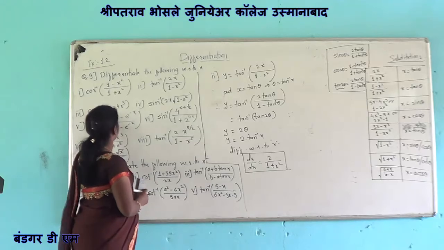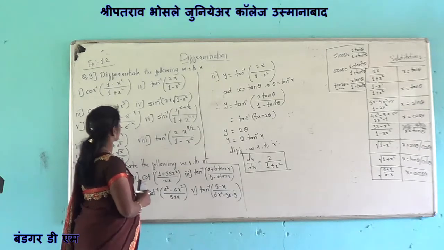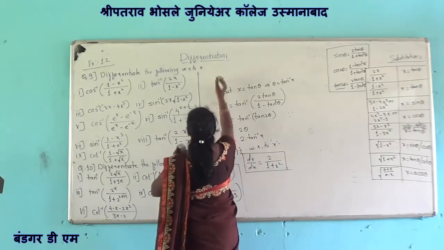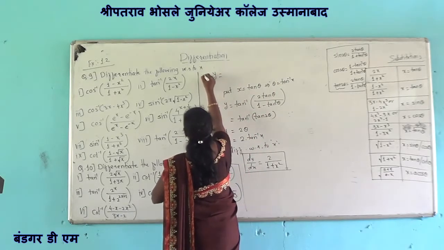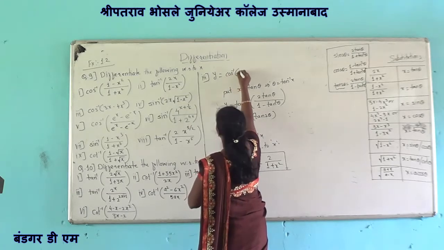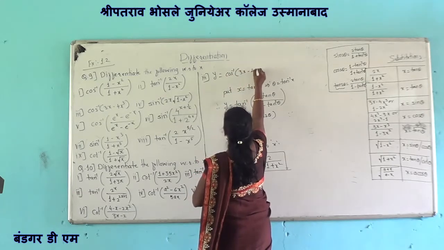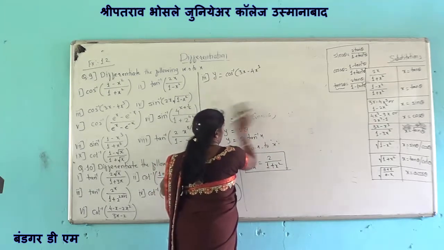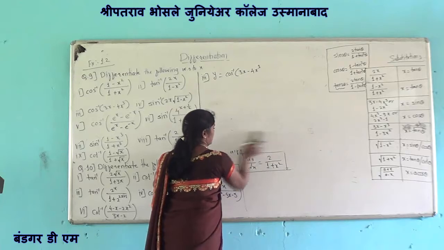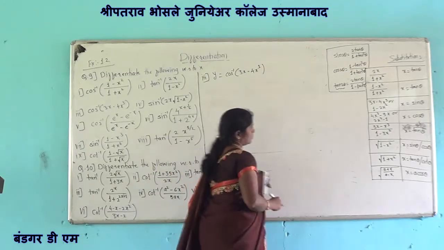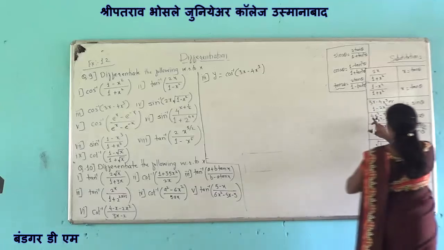Now, third example we are going to solve is y is equal to cos inverse of 3x minus 4x cube. Now, observe the chart.